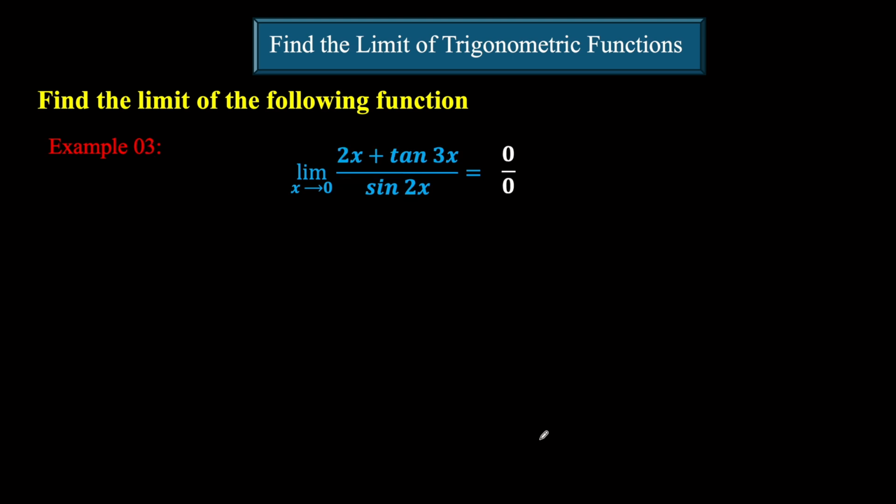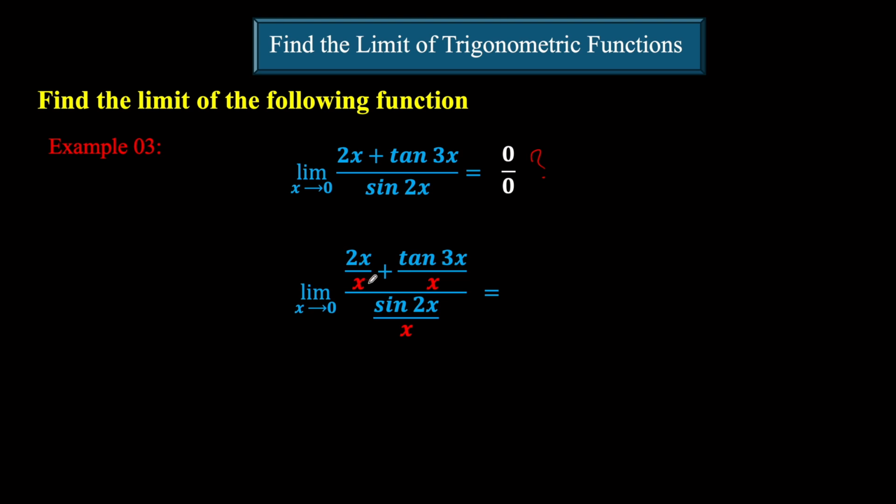Let's see the third example. Find the limit as x approaches 0 of (2x plus tangent 3x) over sine 2x. If we substitute each x by 0 directly, we get 0 divided by 0, and this is an indeterminate quantity, right? We have to avoid it. So we'll do the same steps we did before.